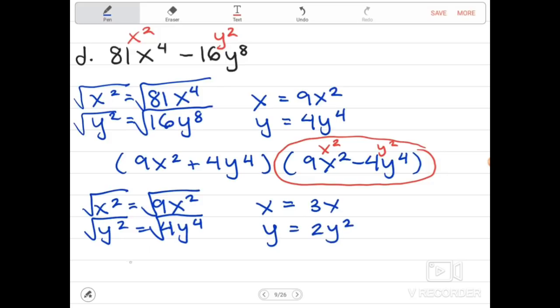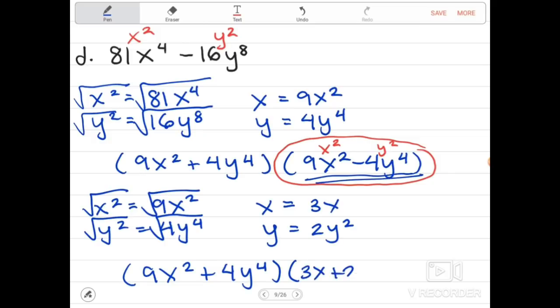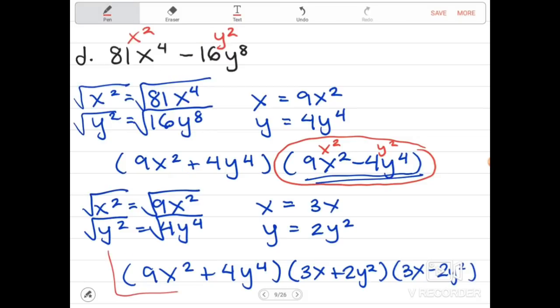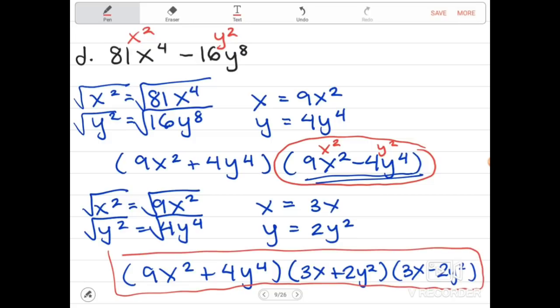So for the final answer, let's copy the previous one. 9x squared plus 4y raised to 4 times, here is the value of x and y for factoring this, that is 3x plus 2y squared times 3x minus 2y squared. So this will be our final answer. So let's be careful, let's double check our answer because it might still be factorable. It needs to be in simplest factor form, right?